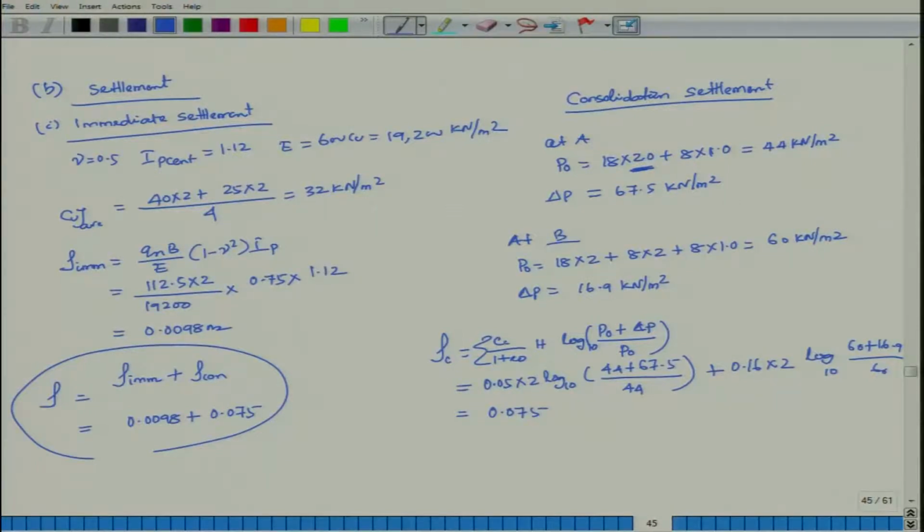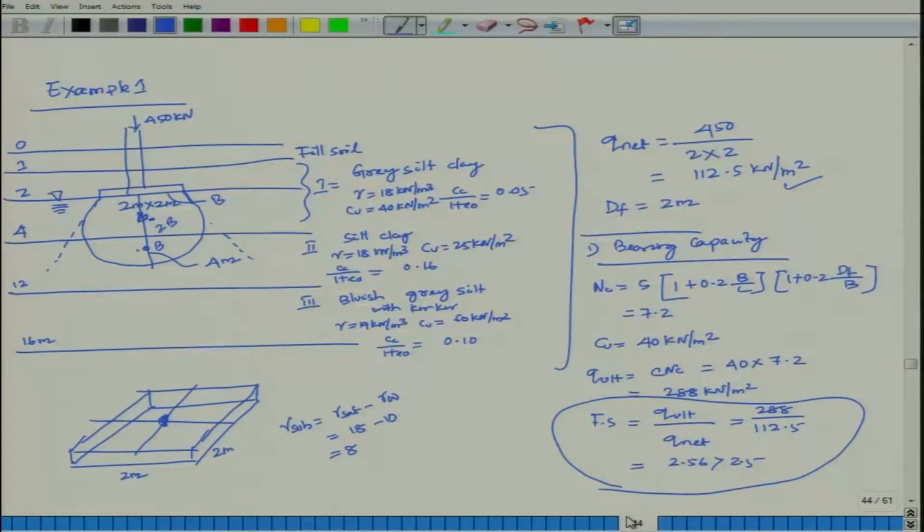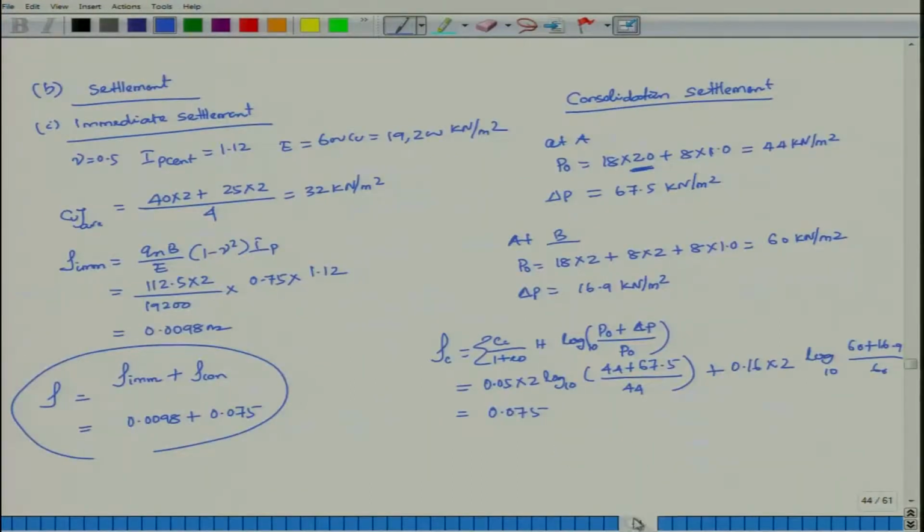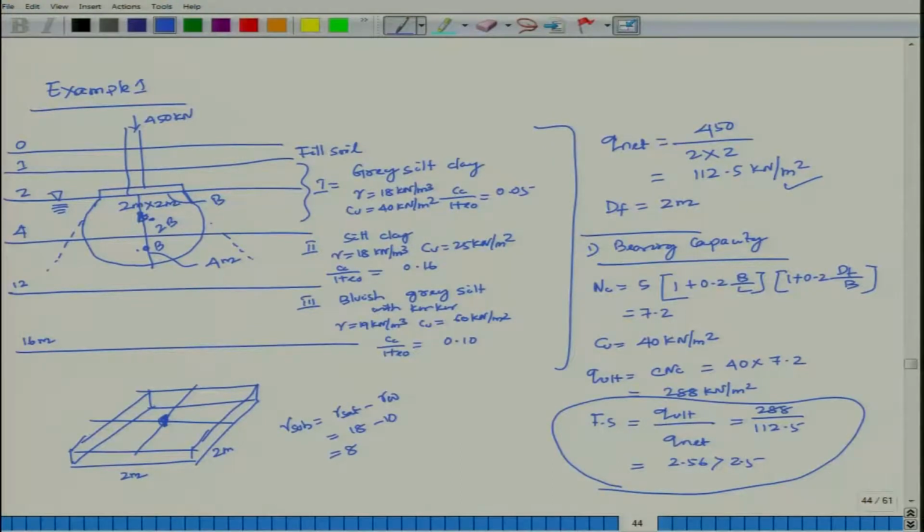And for consolidation settlement, 2 points have been considered, at the center of this layer A, and at the center of this layer B, up to this height. Then increase in stress, because this is a square, and it is at the middle below this depth Z. What will happen below this at the center? How I have calculated: make it into approximately squares. So, this is 1, this is 2, this is 3 and this will be 4.